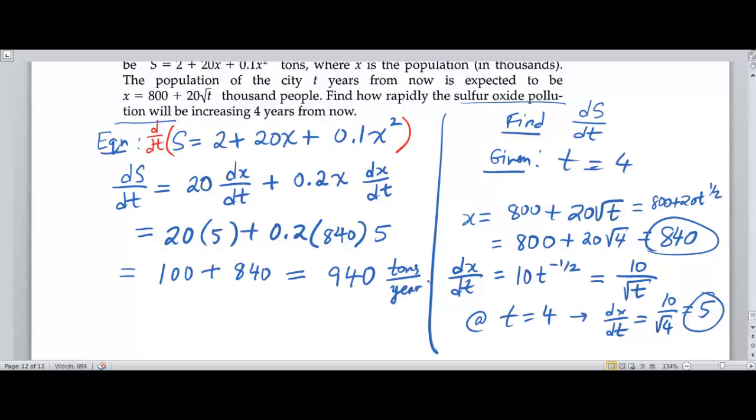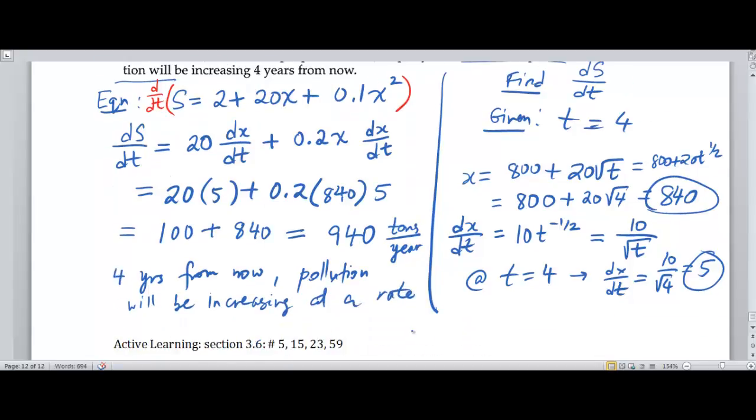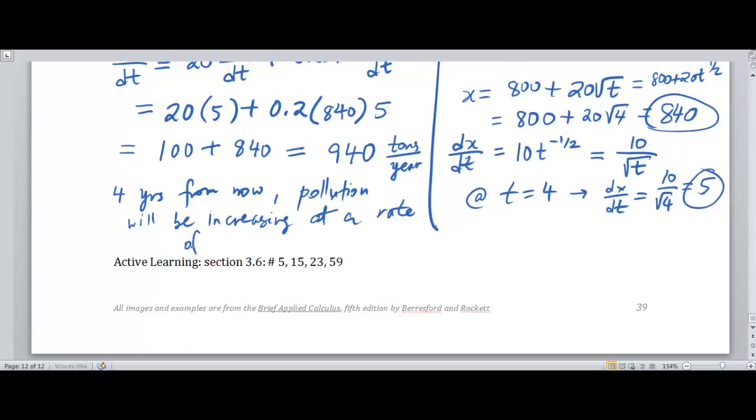Okay, so 4 years from now, that's what this is saying, the pollution of this chemical, sulfur oxide, will be increasing at a rate of 940 tons a year.